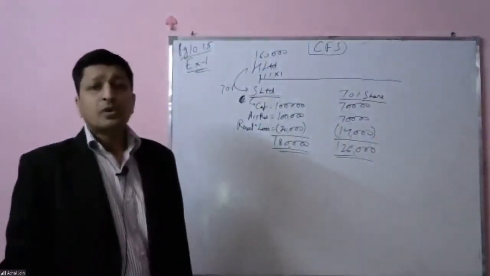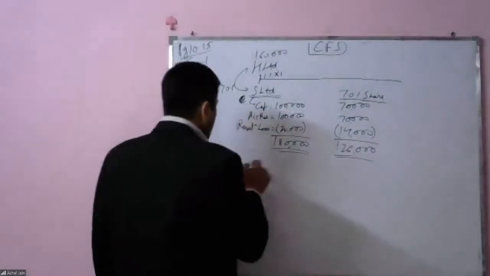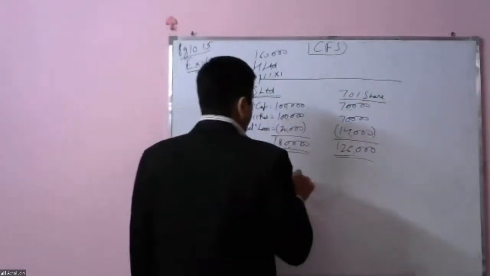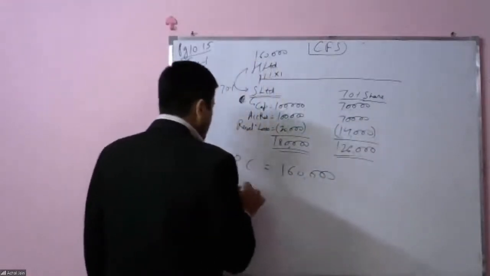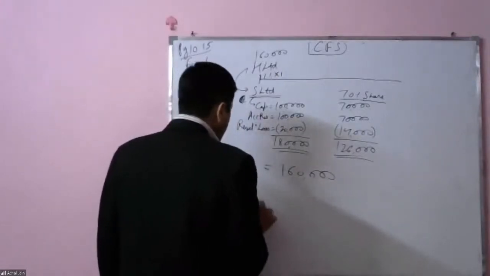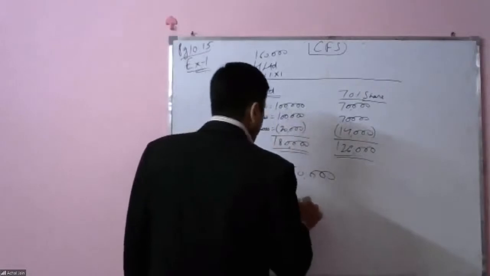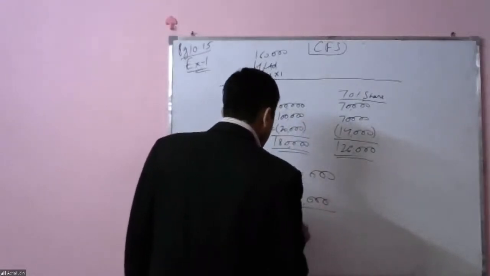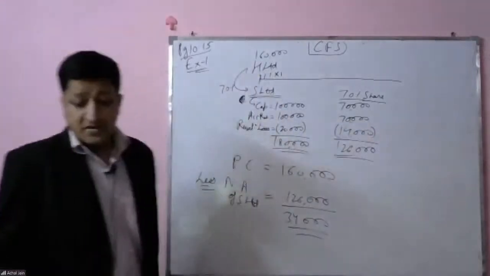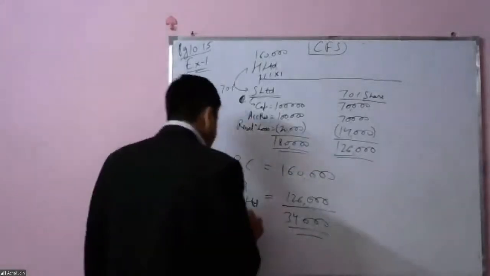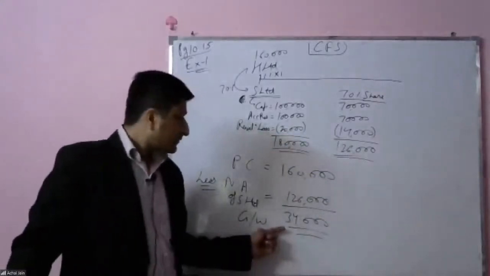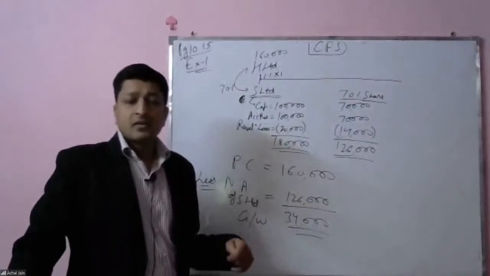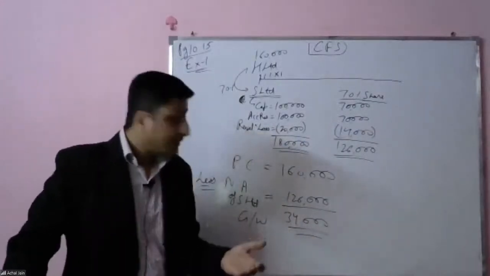Therefore, if we have to compute the goodwill or capital reserve, what would it become? Purchase consideration is 1,60,000 less net assets of S Limited. So it will be 1,26,000. So what do we get? 34,000. What is this 34,000? This is goodwill. So excess of purchase consideration over net assets of the subsidiary or of the acquired entity would be what?